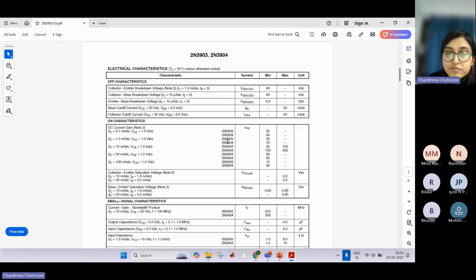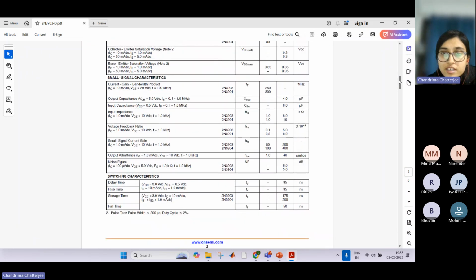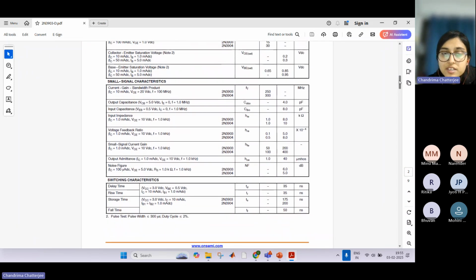For different devices, they have given the IC values for the on characteristics, right? So from here you can get the static characteristics of the device. Here all the parameters are given. You can just check online what the significances of all the parameters given here are.